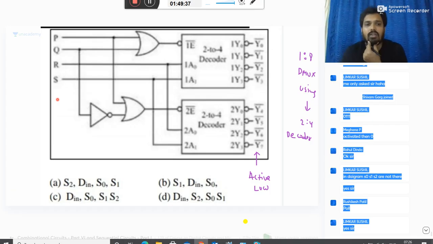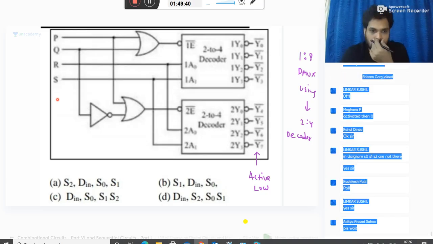Get ready, I will start the poll. Okay, just 1 minute, I will wait. No problem. Right, so let's start. It is a matter of 1 minute to answer this question if you understand it. I have explained clearly.